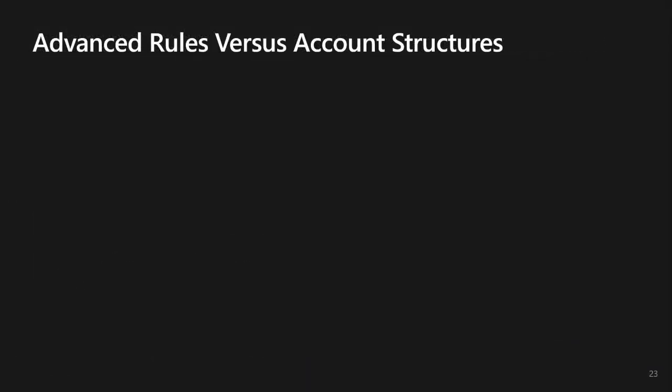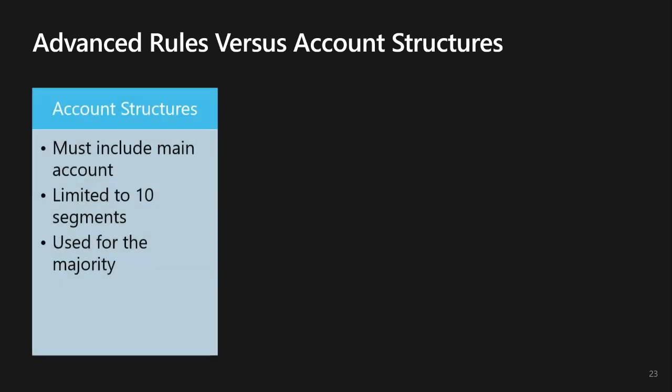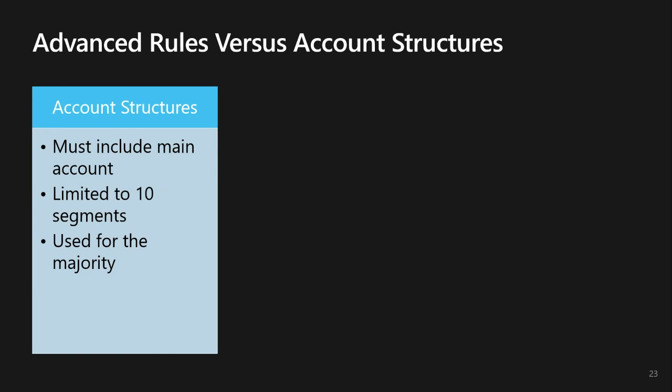So I want to talk a little bit about differences that you'll find between advanced rules and account structures. When you set up an advanced rule, you may notice that the screens are very similar and the behavior is very similar. Starting first with account structures: your account structure must include the main account, while the main account is actually optional in an advanced rule.